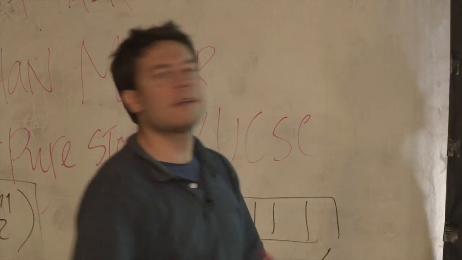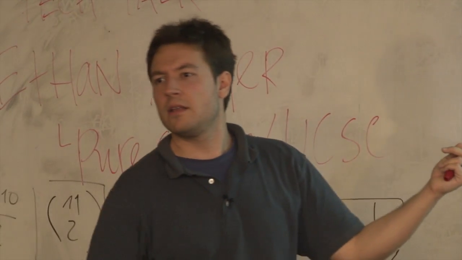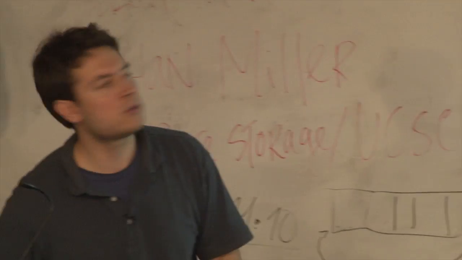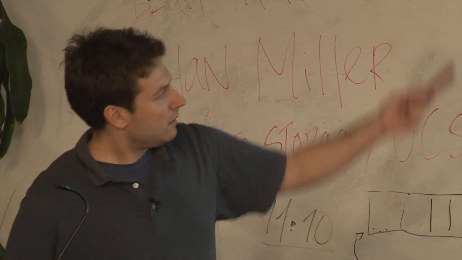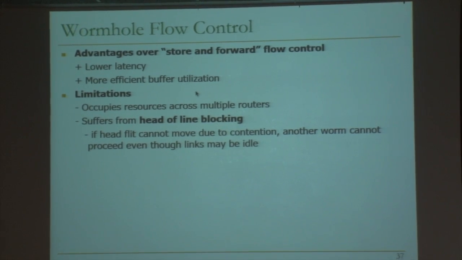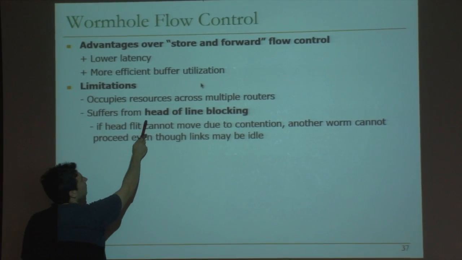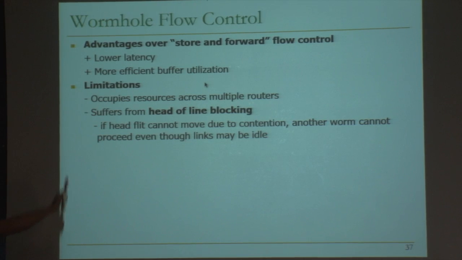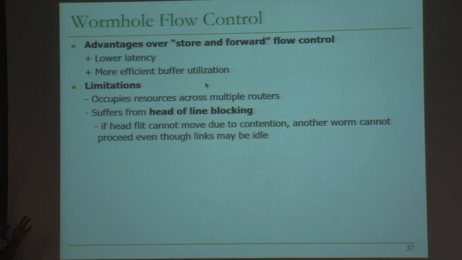Reduced latency, exactly. And the second advantage, we just talked about, it's the buffer space. You don't need that much buffer space. This is what we just mentioned, the limitation: it occupies buffer space across multiple routers. And this is the most important part. This is a very common problem in networks. It's called head-of-line blocking. So you start running into head-of-line blocking problems, and we're going to look at an example to show you what that means.